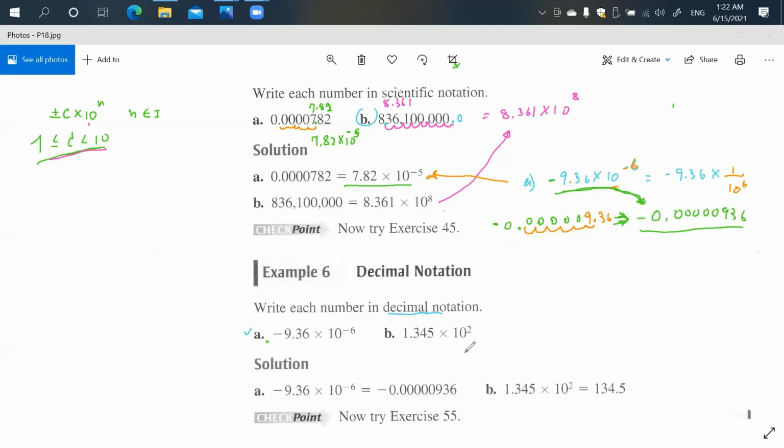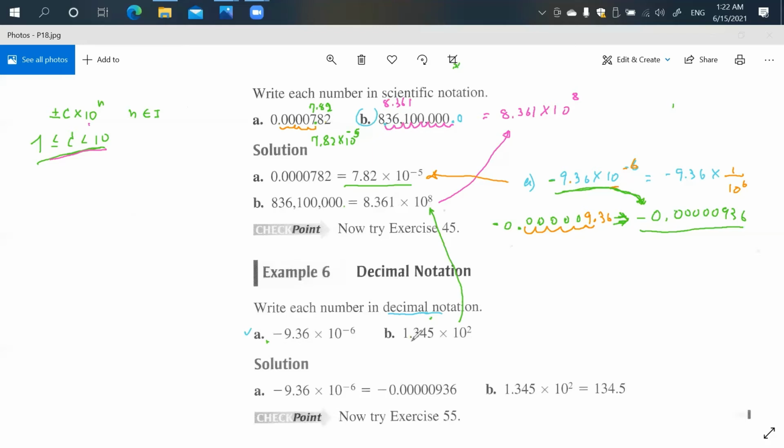Now come to question B. If we have 1.345 times 10 power 2, this is scientific, convert to decimal. You see this index, power positive, is similar to this one, right? This is a positive power. Before, we counted to the front. Now you have to convert to decimal, so you count the opposite, count to the back. Again, you start from the decimal point here.